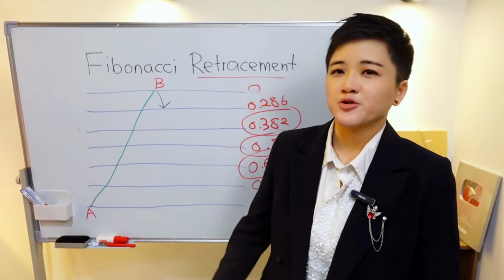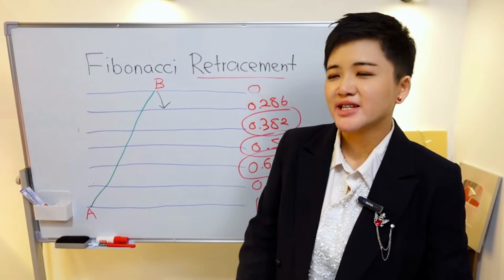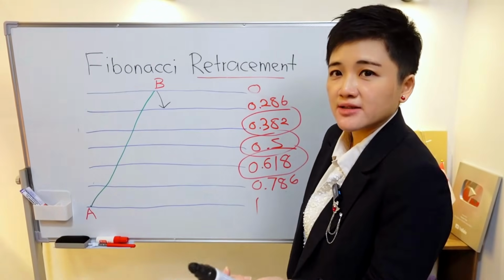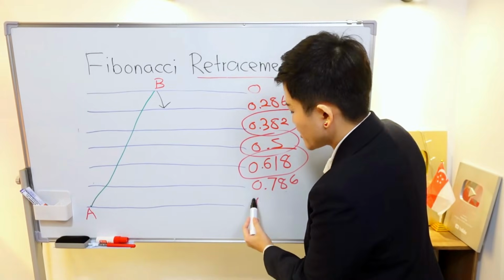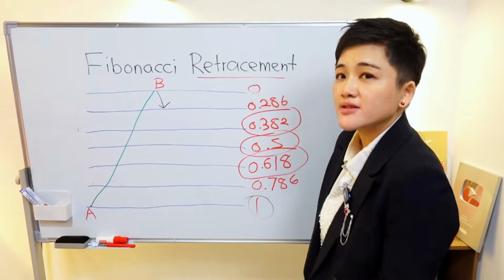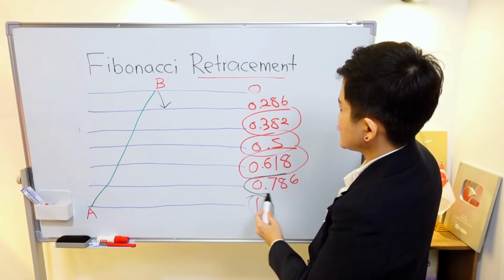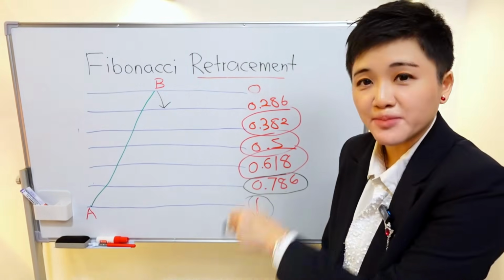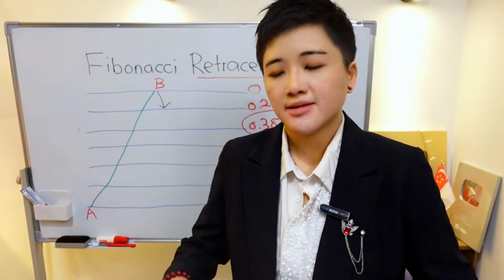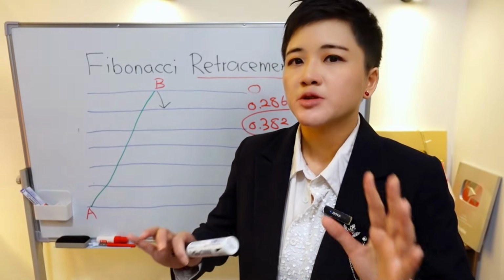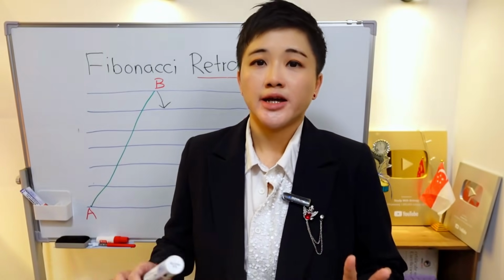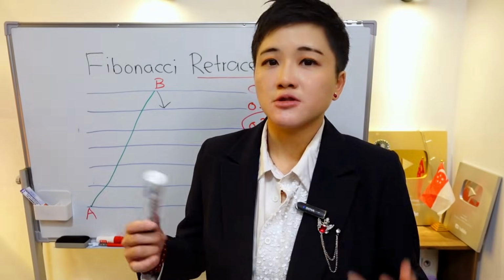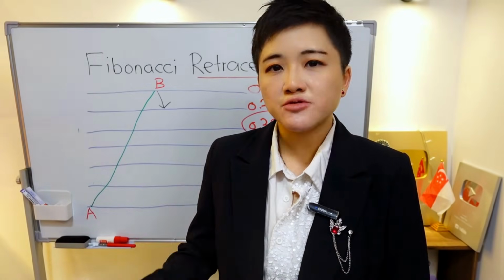So does this mean that I should go all the way deep, super deep? Does this mean that you should wait for price to retrace all the way down to level 1, 0.786 or 1.618, which is way below? Should you do that? Now, here's the thing. There's a difference between retracements and price breaking out into a downtrend.